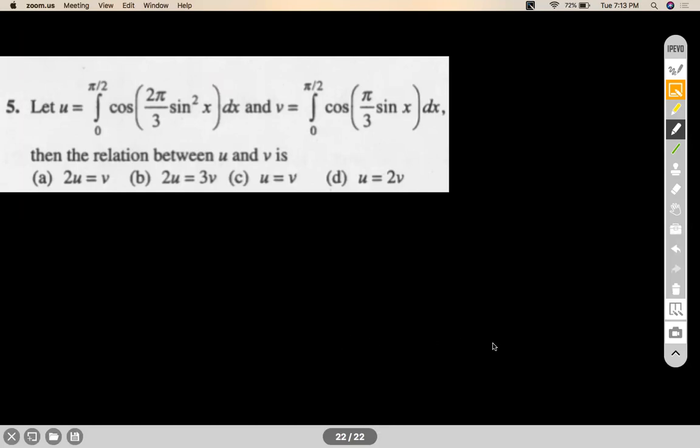Please vote, please vote. Very few of you have voted, only 13, 14 of you have voted. At least half the class should vote. Think as if you have to submit your paper now. So which is the best option that you can mark? You have to attempt this question. So which option will you attempt?